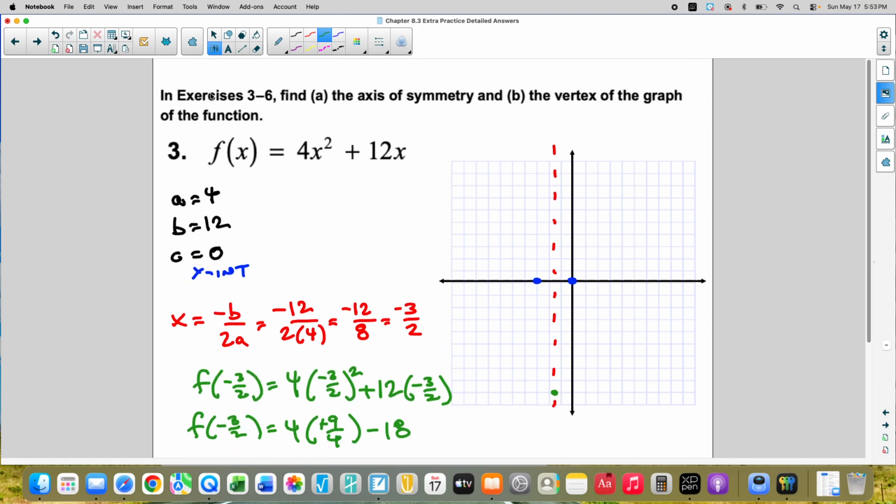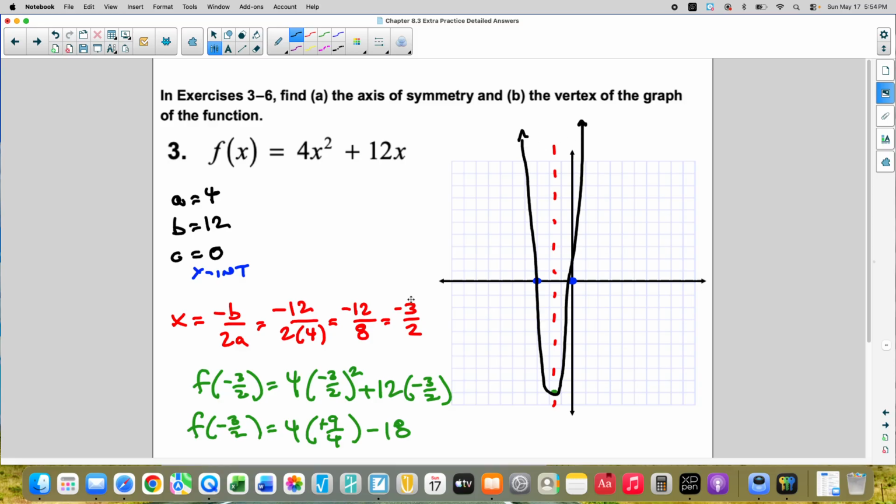Am I graphing? Oh, I'm not graphing. It just says find the axis of symmetry and the vertex. It's okay, but we see the shape of it now. And should it be narrow? Yeah, it's narrow. My a value is 4. So that kind of makes sense that it was going to be so stretched.